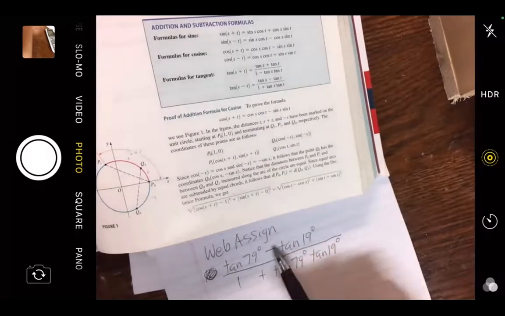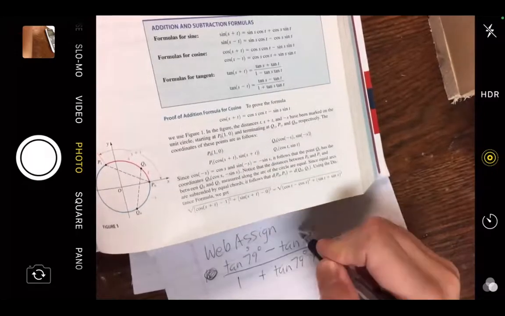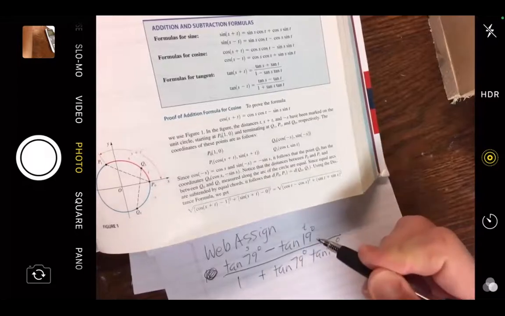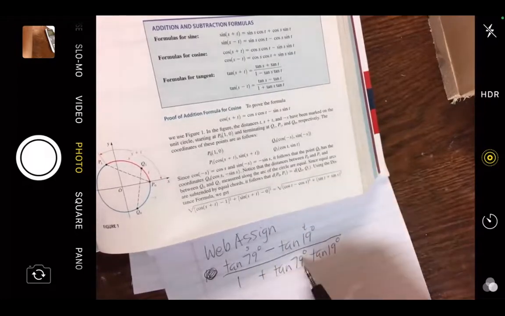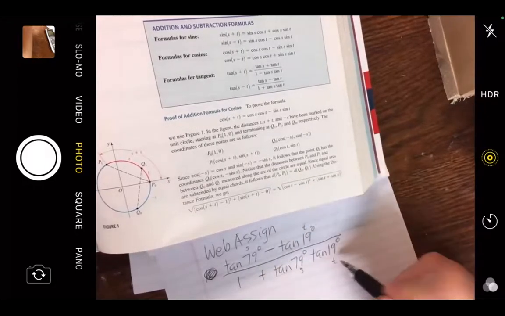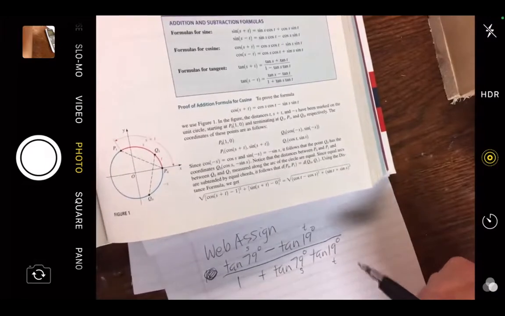Tangent something minus tangent something, so this is like your S and this is like your T, over 1 plus tangent S tangent T. So your S is 79 degrees and your T is 19 degrees.